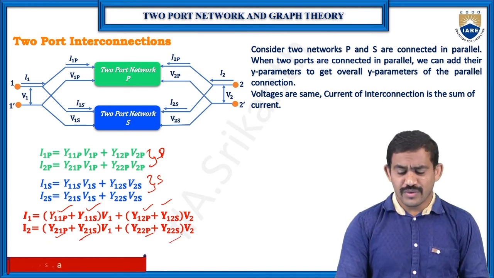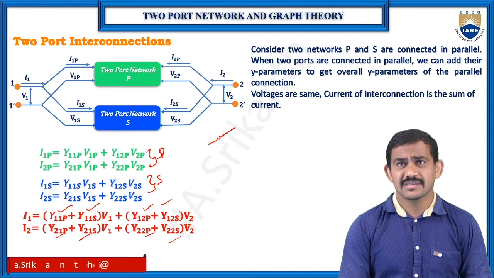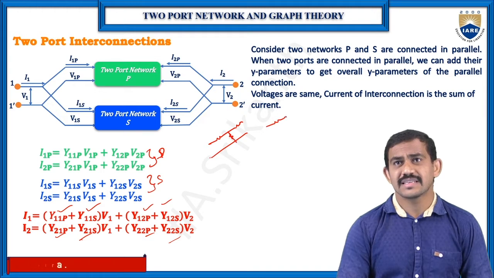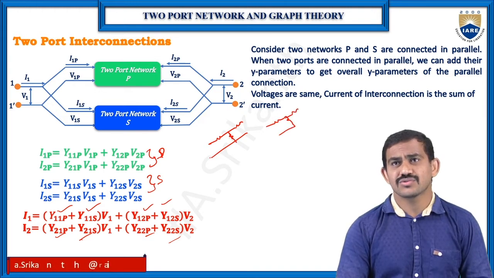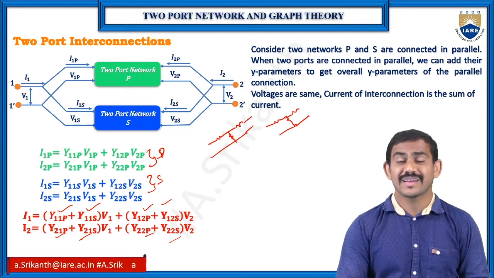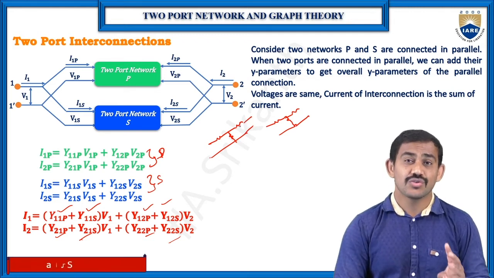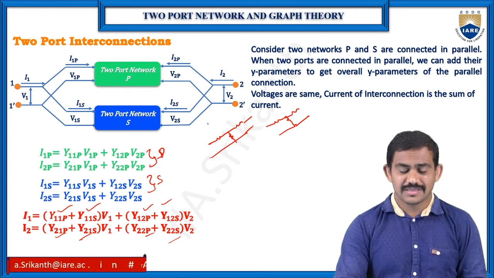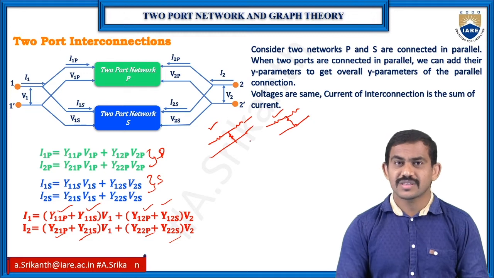Okay, so same thing when I have two networks connected in series or parallel, we need to find out the equivalent value. When we have series, then we need to go for the impedance parameters, and now here both are in parallel. So this network and this network are both connected in parallel.